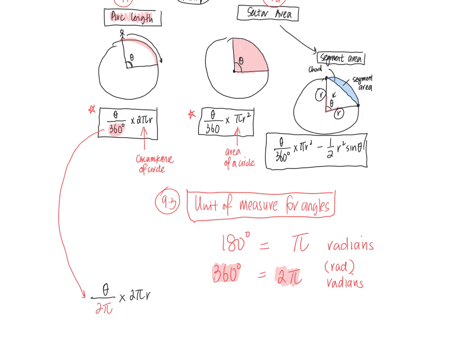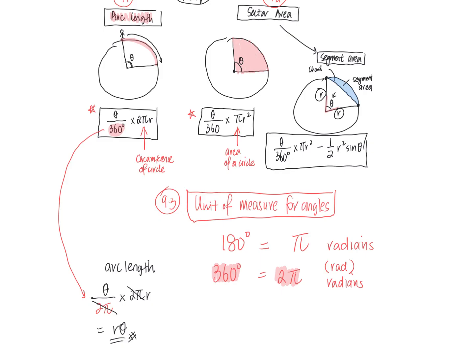If you simplify the formula, the new formula for arc length is r times theta. That's all. When your angle is in radians, you change 360 to 2 pi, and your formula for arc length is just r theta.